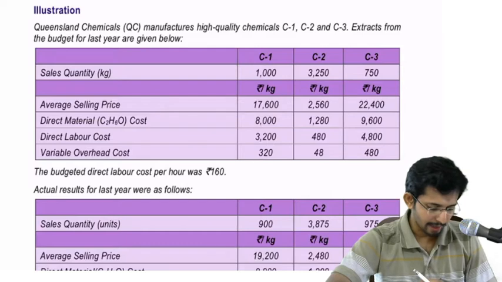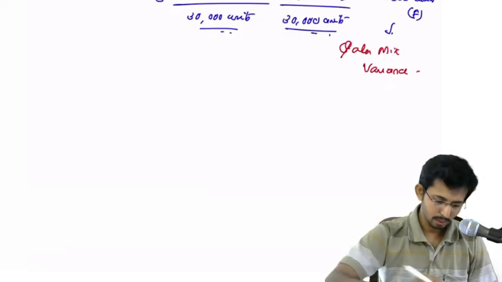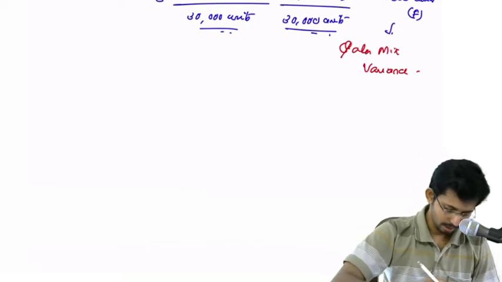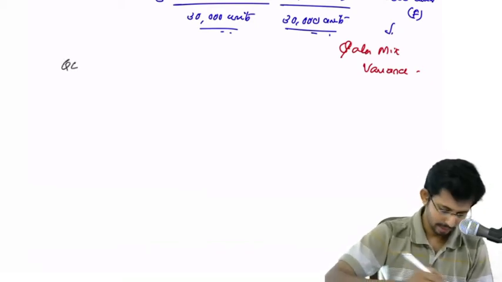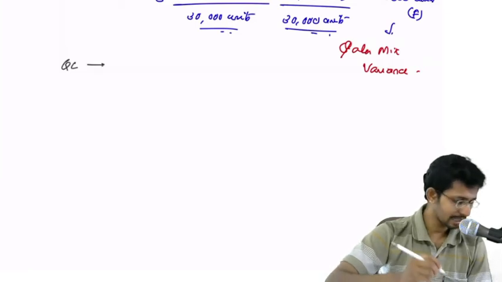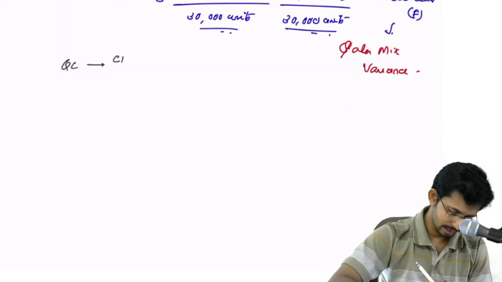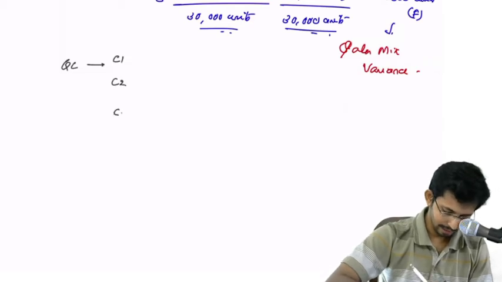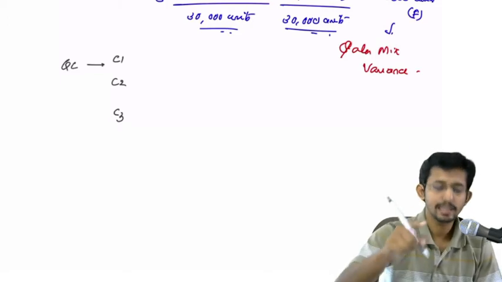Queensland Chemicals manufactures high quality chemicals C1, C2 and C3. So there is a company called QC, Queensland Chemicals. How many products is it producing and selling? 3 products, C1, C2 and C3. So it is a multi-product situation. So there is a possibility of what? Sales mix variance.